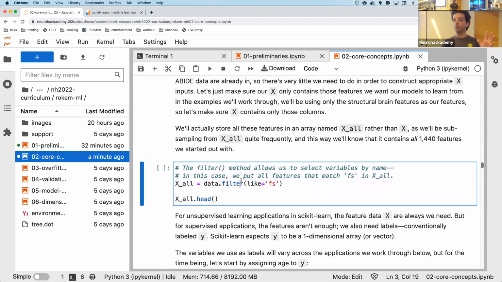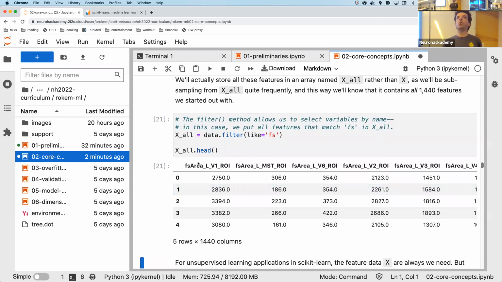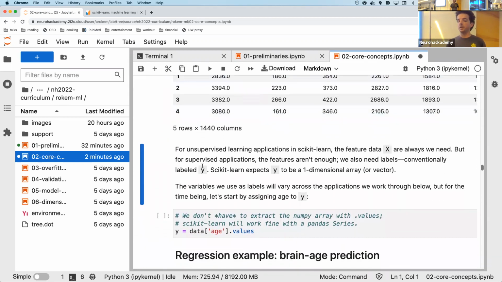I'm going to filter my data here. This is a pandas data frame, and I'm going to use the filter function to pull out those columns that start with FS. So I've pulled out just the brain features part of this, and I call that X all here. That'll be our X for the purposes of the machine learning tasks.